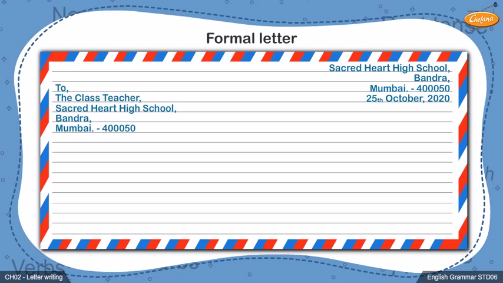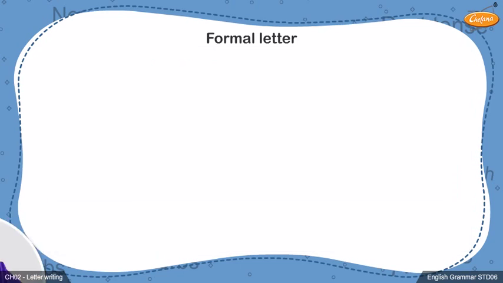To the Class Teacher, Sacred Heart High School, Bandra, Mumbai, 400050. Next, you write the subject, which is an application for a leave of absence. Subject: Application for leave. Once you write this, you can write the salutation, which should be Respected Madam.